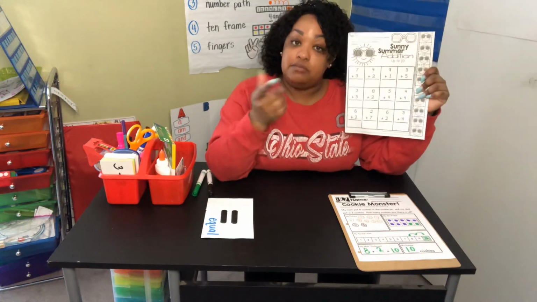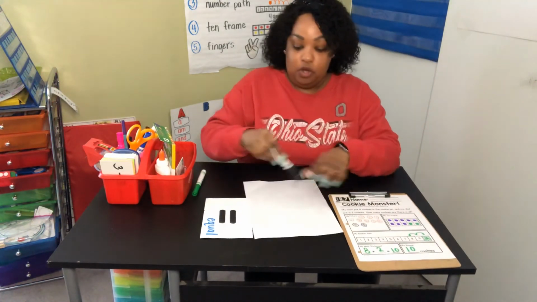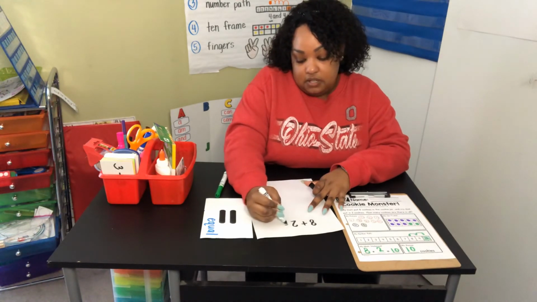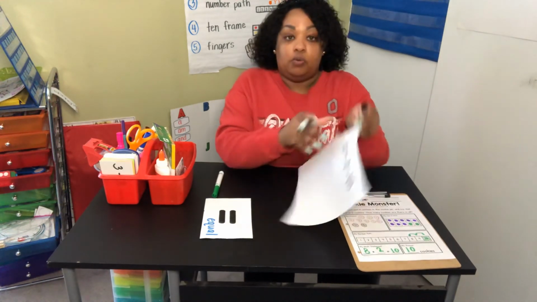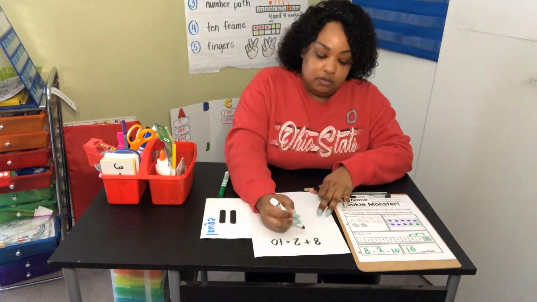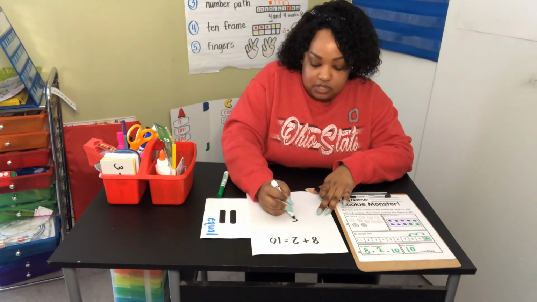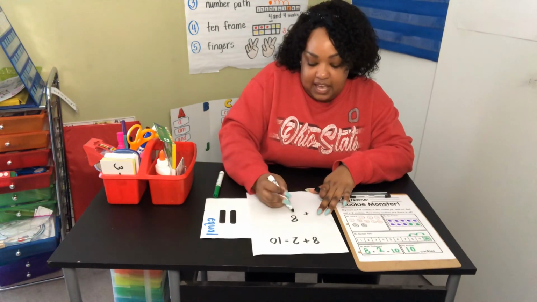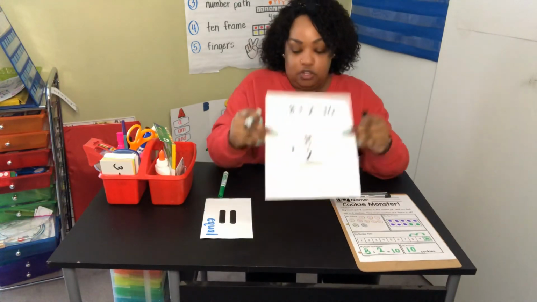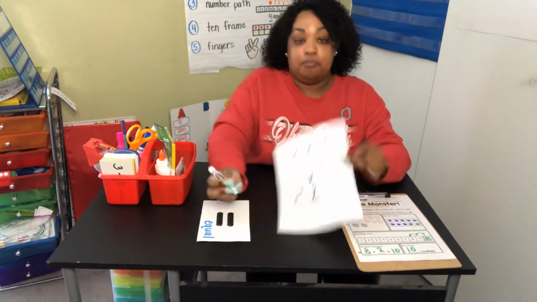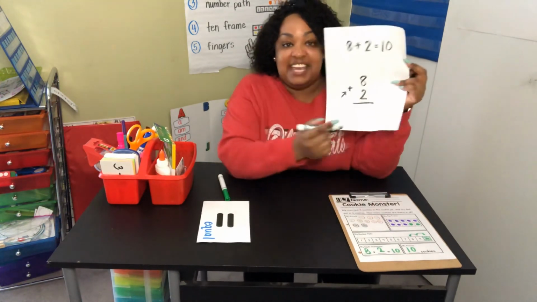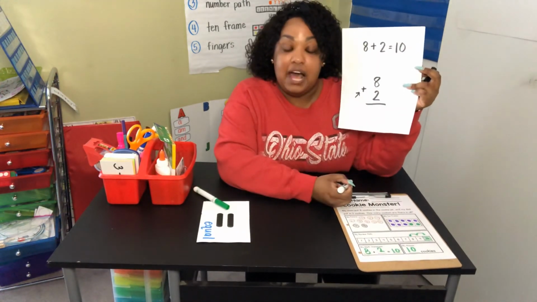Remember, sometimes you can see a math problem written left to right, where you see your plus symbol and your equal symbol. But sometimes you can see the same problem written up and down. You still have your plus symbol, but your equal sign is taken away and there's a line.